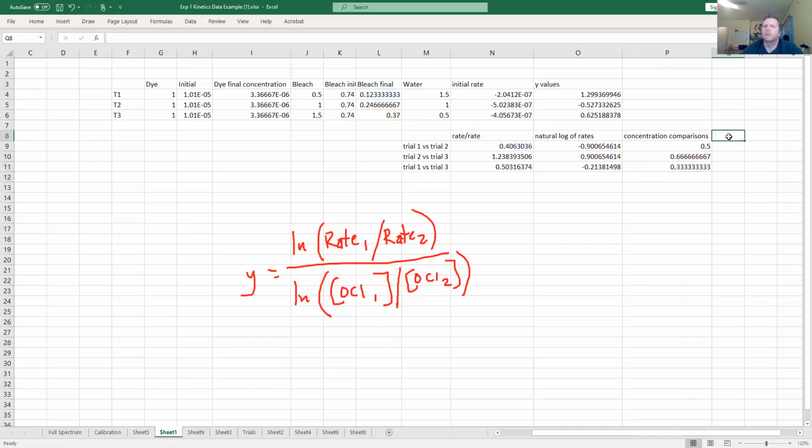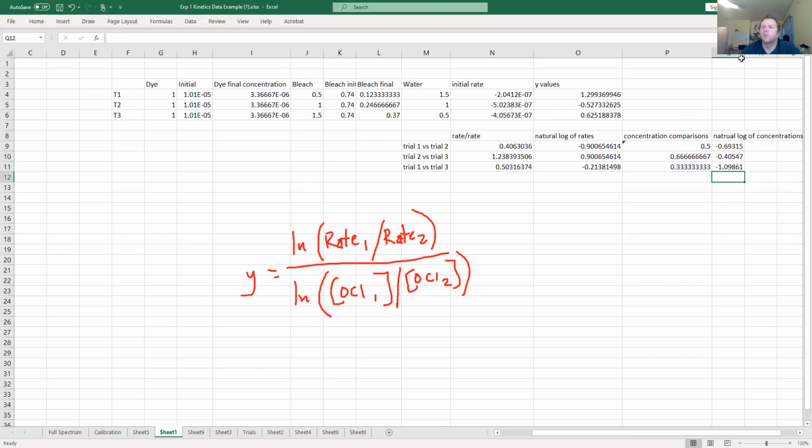Okay, so then my next one is natural log of concentrations. Okay, so equals ln parentheses, nope, P9. That's the cell that I'm working with there, equals natural log of that one, equals natural log of that one, close.